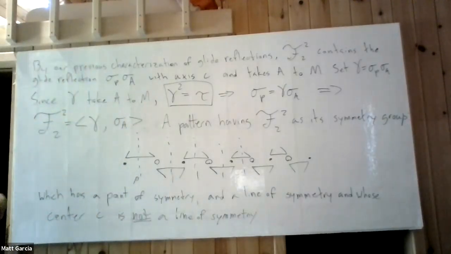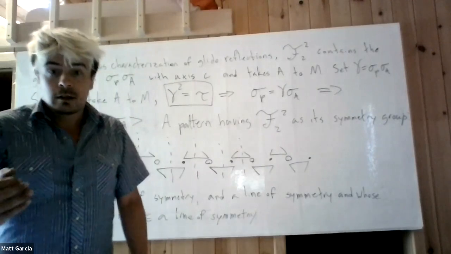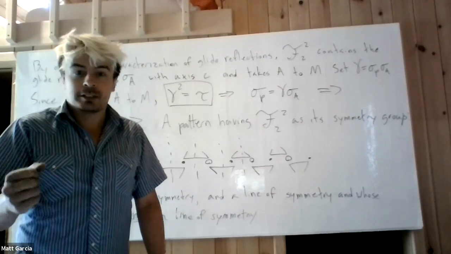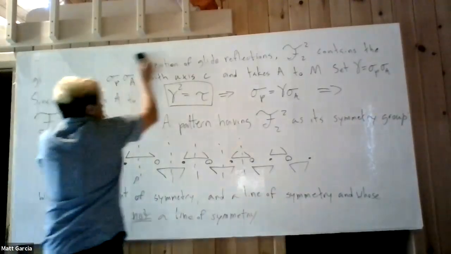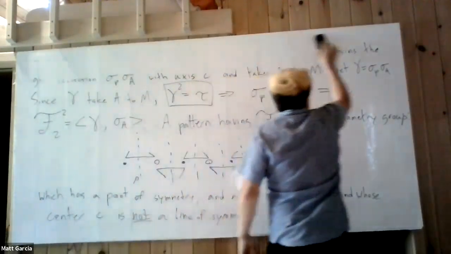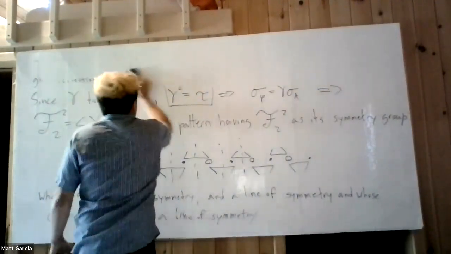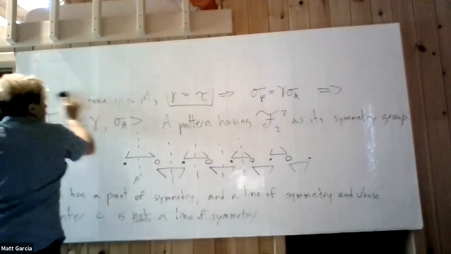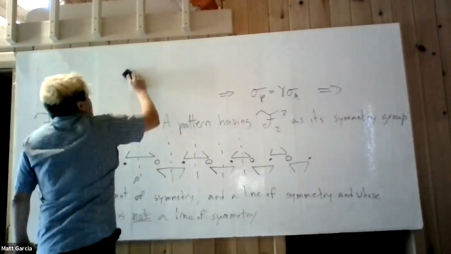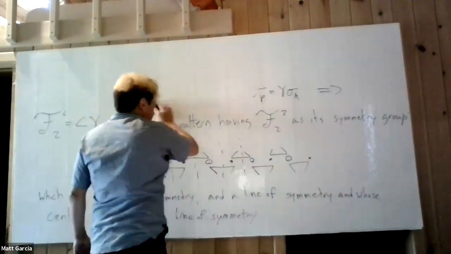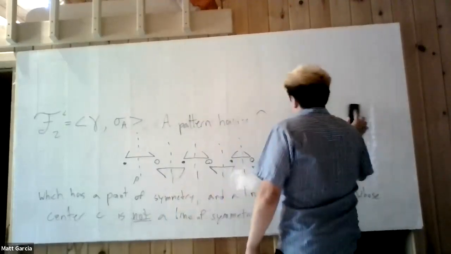Okay, so the final case is what happens if we assume that a Frieze group has a glide reflection as a generator. I feel like maybe there's some concern that we've said a lot of very specific things.